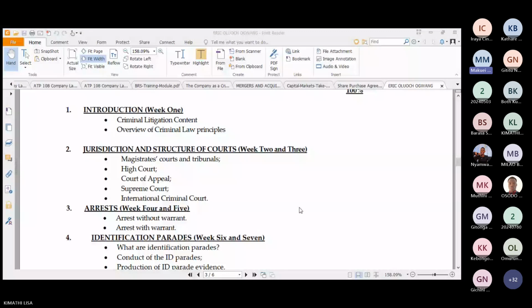Then the High Court is also empowered to inquire into and try any offense subject to its jurisdiction at any place where it has powers to hold such sittings.